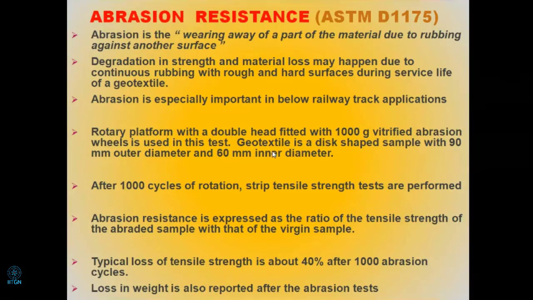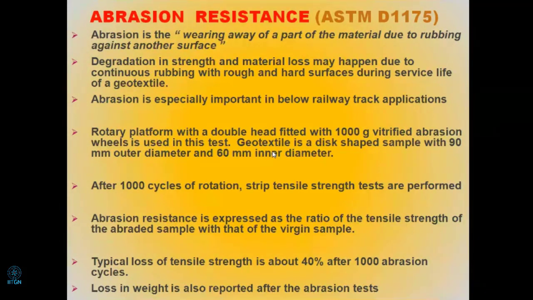Then we check the reduction in strength after exposure to 1,000 cycles of rotation, and this ratio is expressed in terms of abrasion resistance. Typical loss of tensile strength is about 40% after 1,000 abrasion cycles. Loss in weight is also reported after the abrasion test.